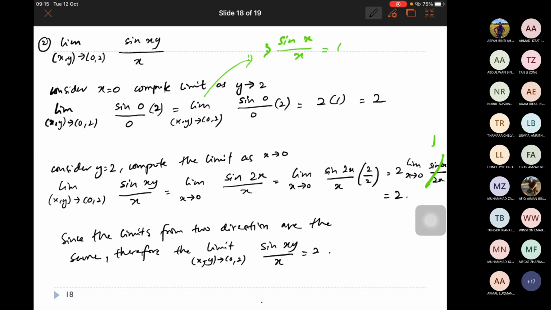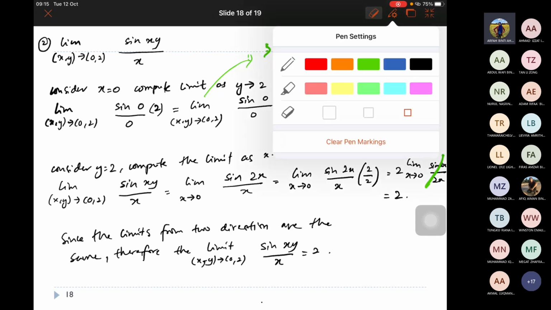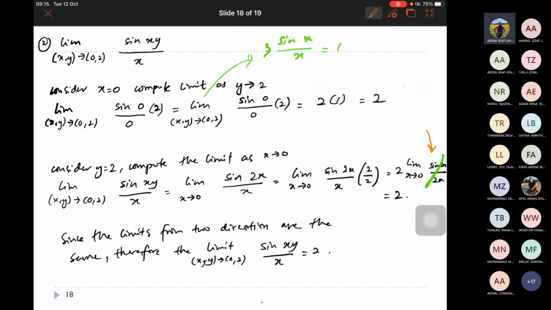This one makes use of the properties of sine 2x over 2x. That's the reason why you have the answer equal to 2. Okay, done.